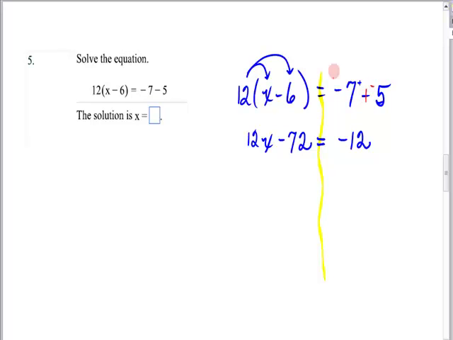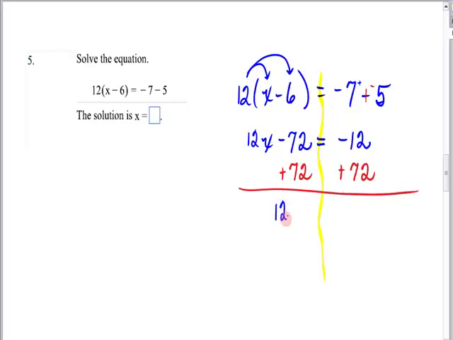And either way, you end up with a negative 7 and a negative 5. All right. Now, are there x's on both sides? No. Then your attention must be focused to the side that does have the x. You're working to get it by itself. Is there a constant to get rid of? Yes. There's a minus 72, so I will add 72.